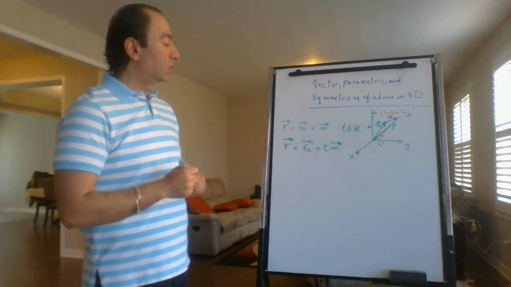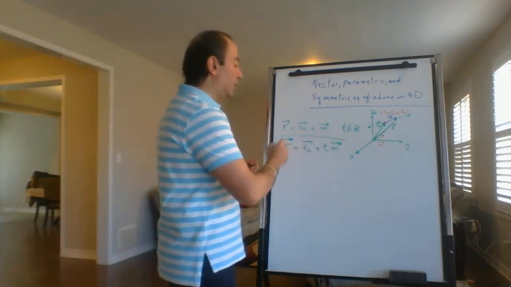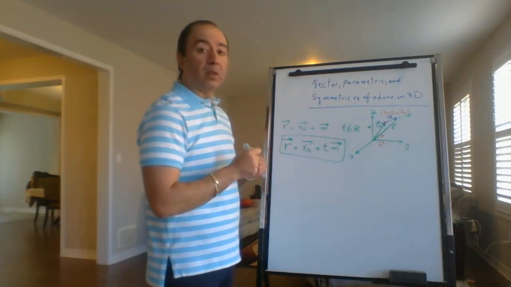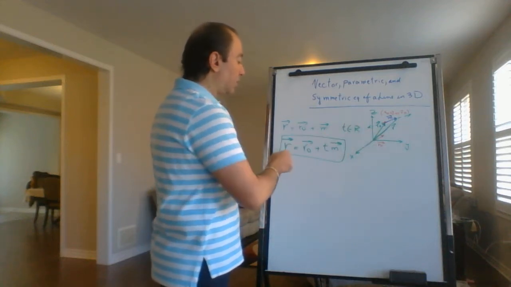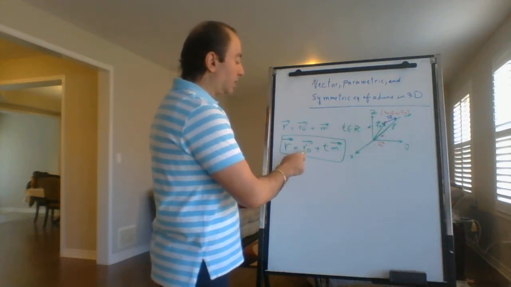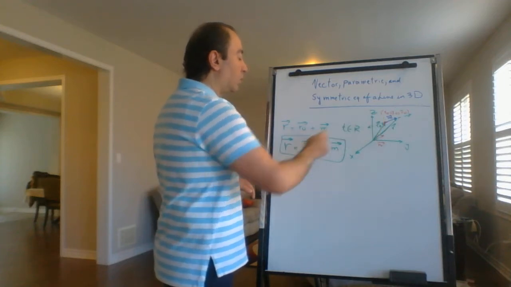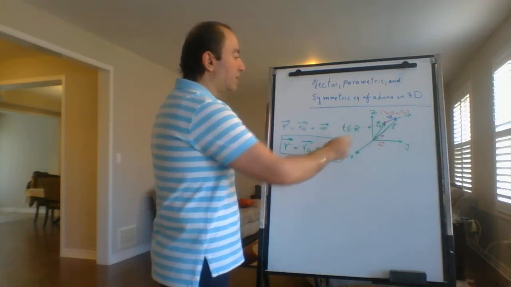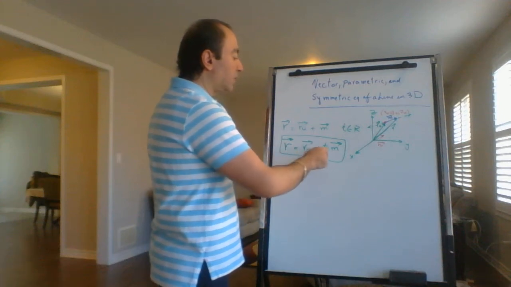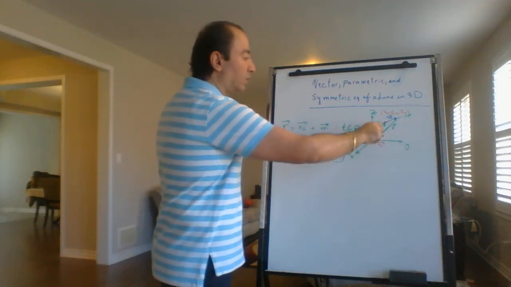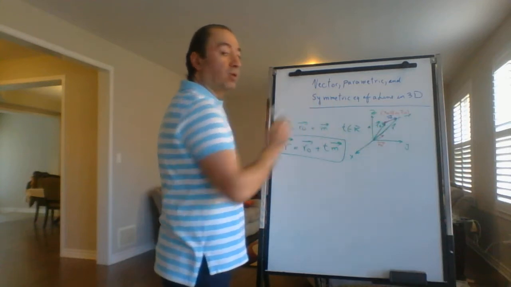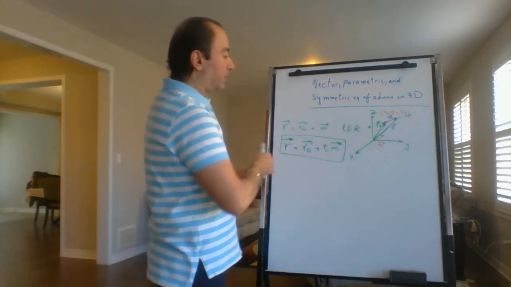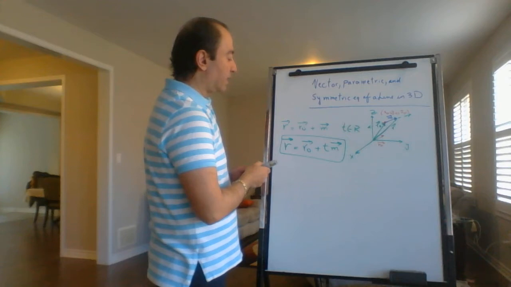Okay, so this is the vector equation of a line. r sub 0 connects the point we know with the origin. r connects any point on the line with the origin. m is the direction vector that shows us the direction that the line will be parallel to. And this is the vector equation.